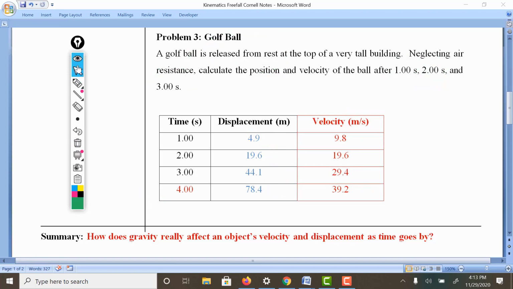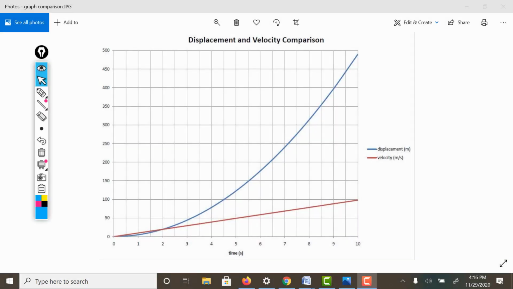Let me show you an example of this. If we expand upon the data table of problem 3, we'll get this graph. And you'll notice that on the x-axis it's time. As time's going by, we have two things that are being affected, velocity and displacement. Now you'll notice the velocity is linear, meaning it forms a line.